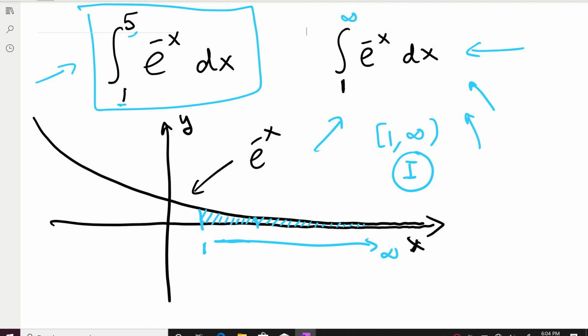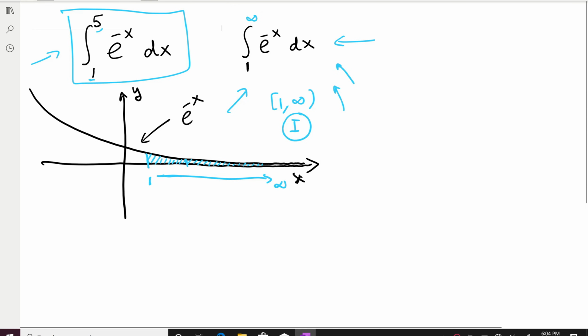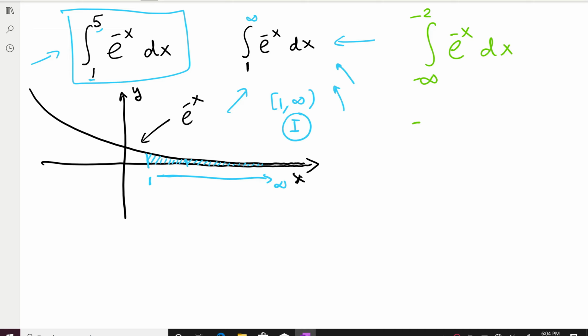Okay, so let's look at another example. I'm going to write another integral. Let's take the same function e to the negative x. Now let's say you want to integrate it between the x values negative infinity to negative 2. Again, the interval that you are integrating over is infinitely long, right?